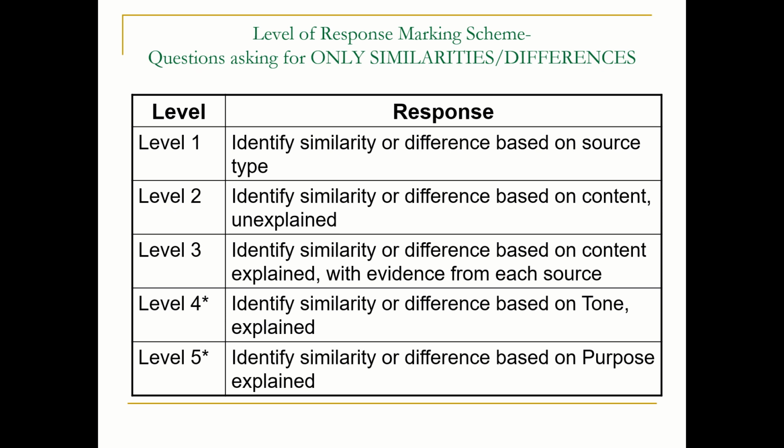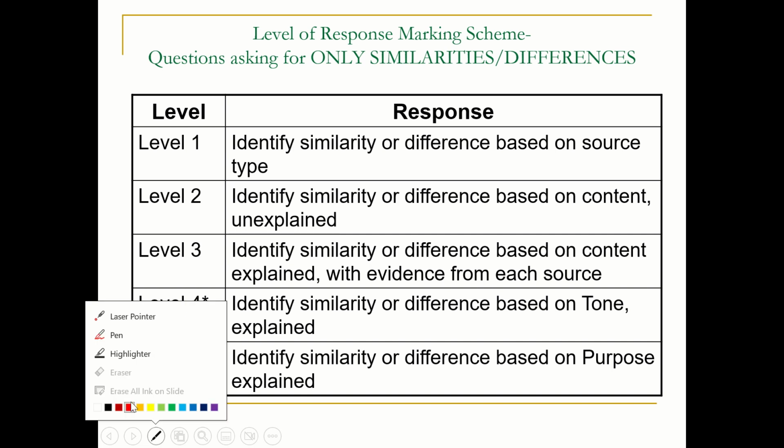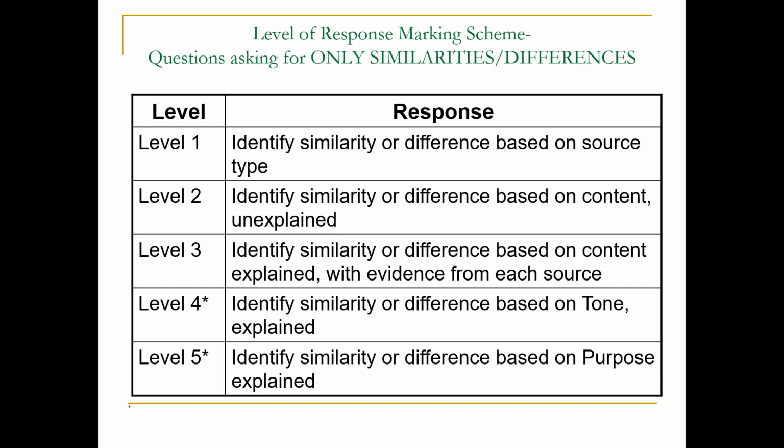So these are just the levels of marking. You realize that if the question is just asking for similarities or differences, then this is the level here. Let me just do some highlighting here. Of course, levels of marking are not rigid.